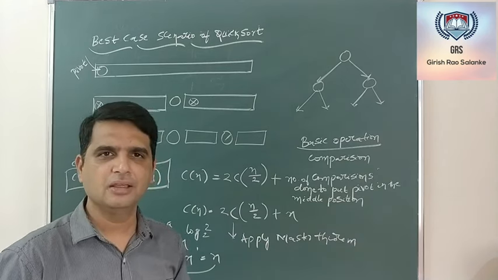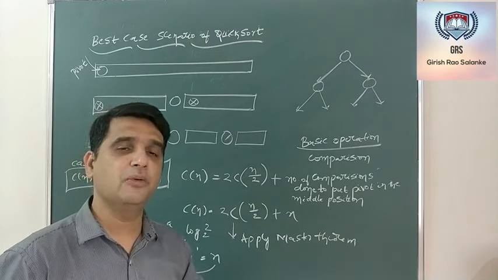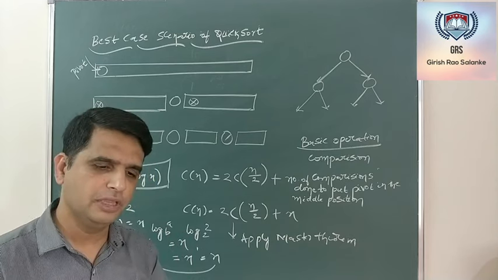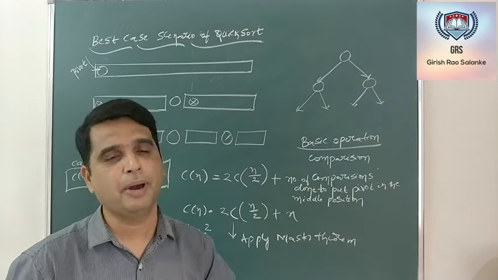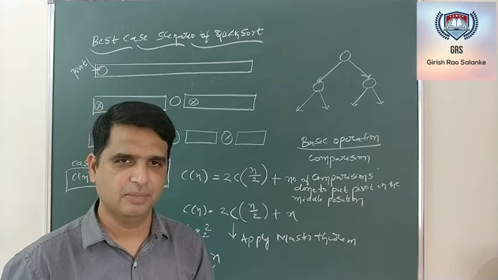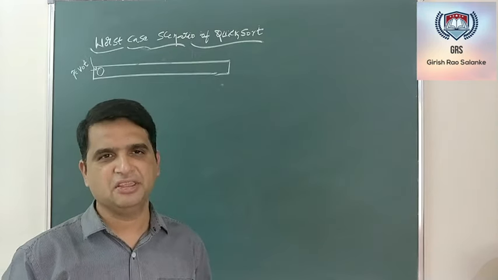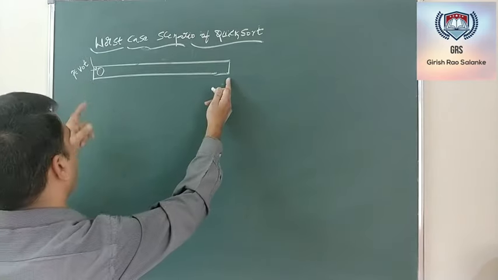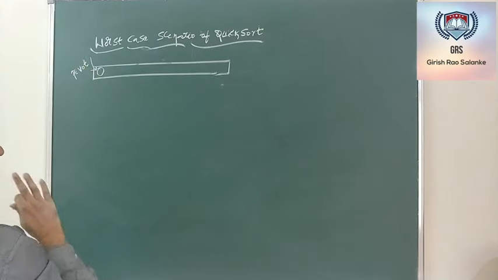Hope this is clear. We'll quickly see what would be the worst case scenario of the quicksort algorithm, or what would be the worst case on doing a partition for a given set of elements. Coming to the worst case scenario of quicksort, let me assume that there are some n elements in my array and I have taken the pivot element as the first element.